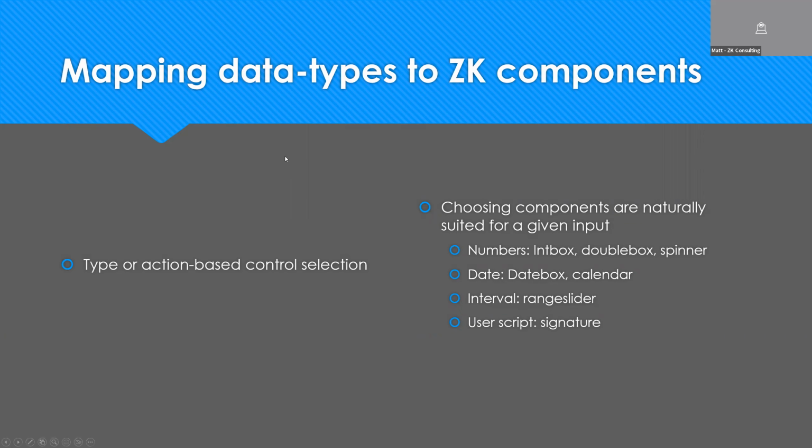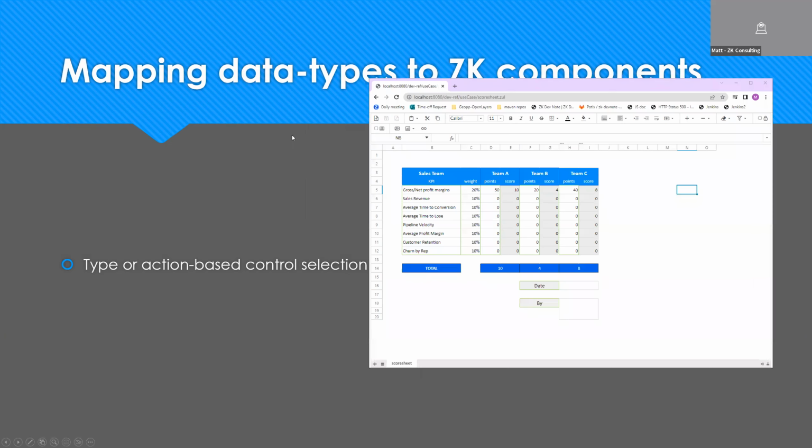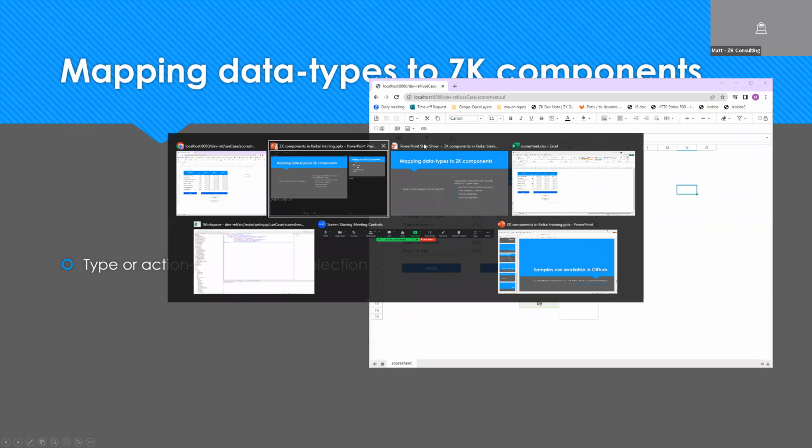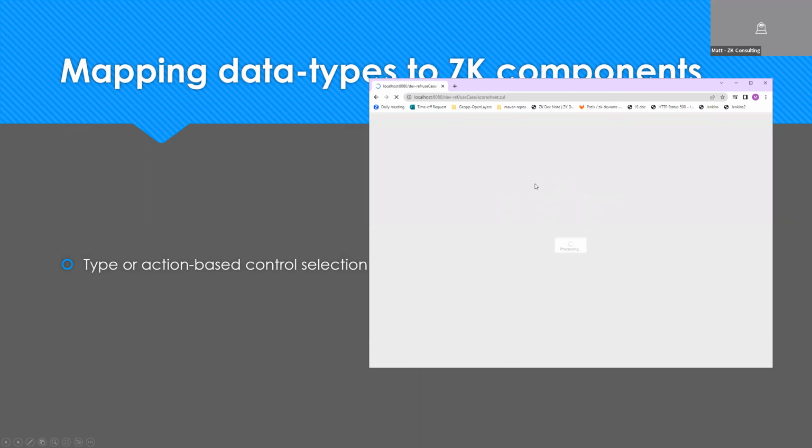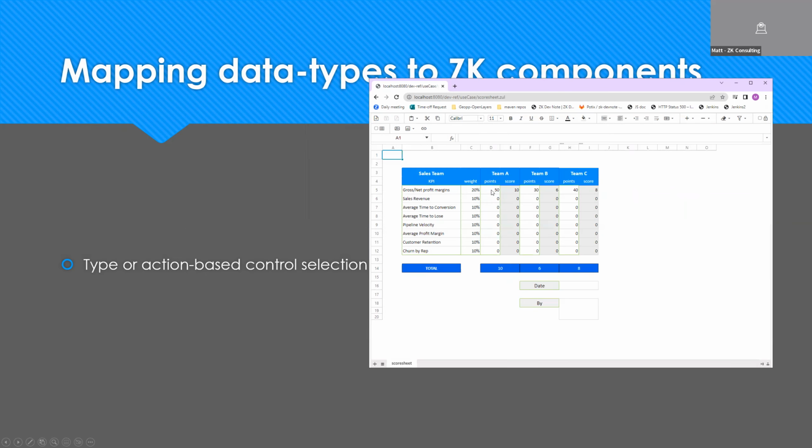And let's go back to the example I was showing you earlier. In this example, I've already pre-mapped some ZK components to the cells that have a green border. So for example, this first cell here is a percentage. It's possible for me to just type the percentage value, 50%, 20%, 15%.